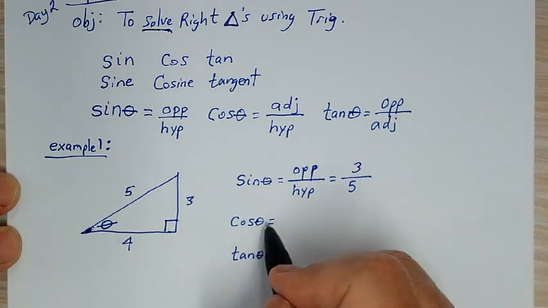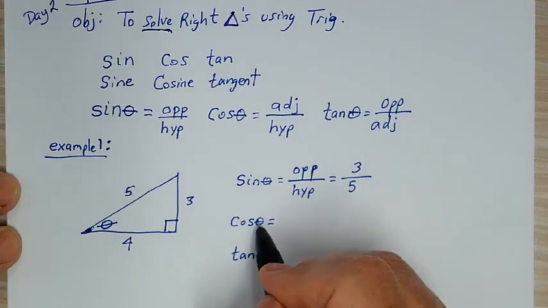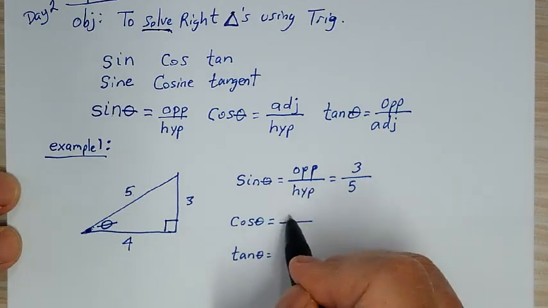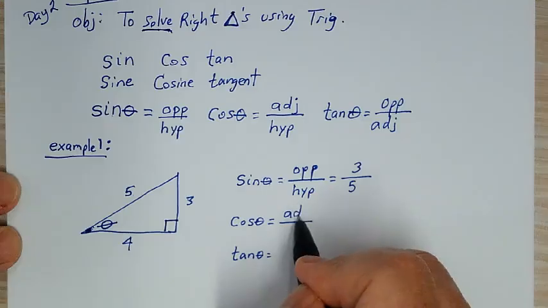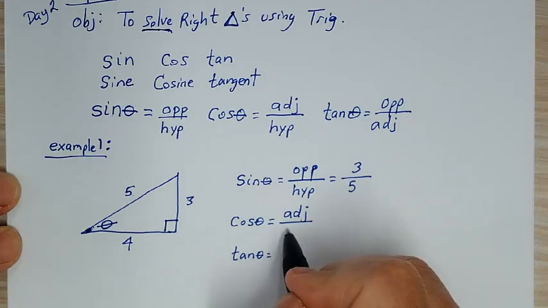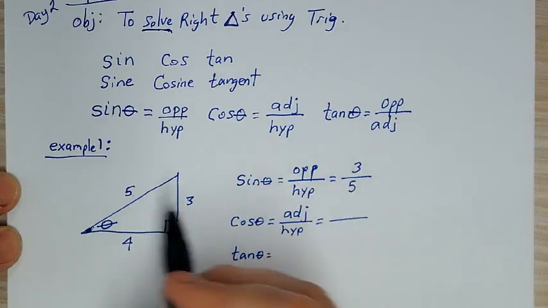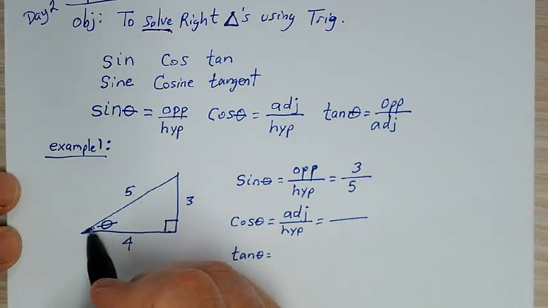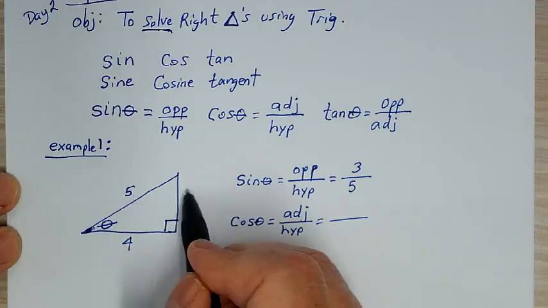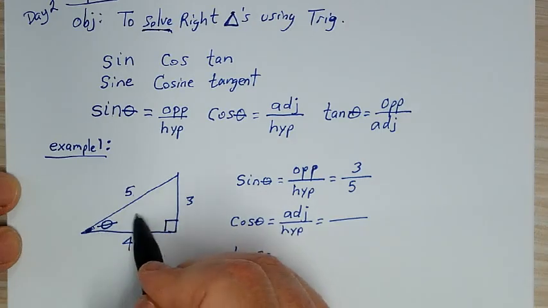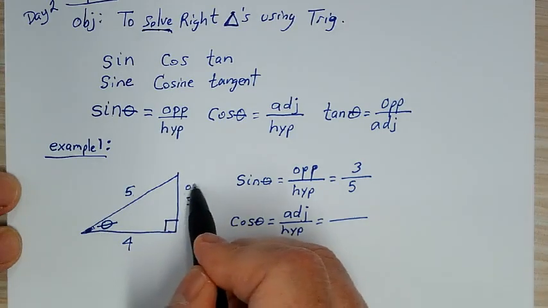Now if you want to figure out what the cosine of a reference angle means, it means the ratio of the adjacent side to the hypotenuse. That's easy because we know that if this is our reference angle, then the side opposite that comes clear across is the opposite side.